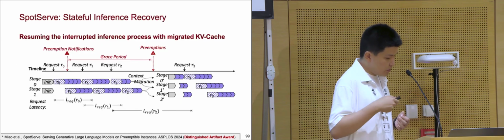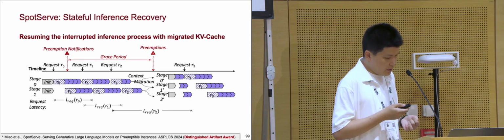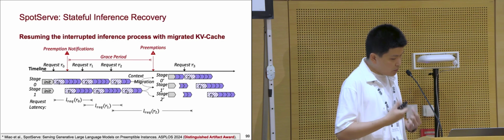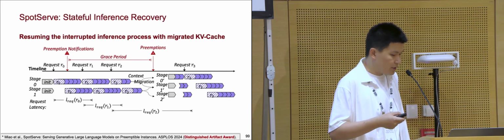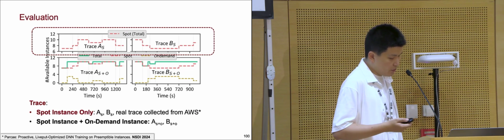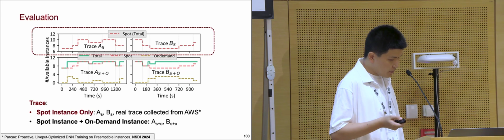Here, the contexts include both the model parameters and the kernel cache. So in practice, we want to migrate this context information among these live GPUs to finish the reparallelization process before preemption really happens.